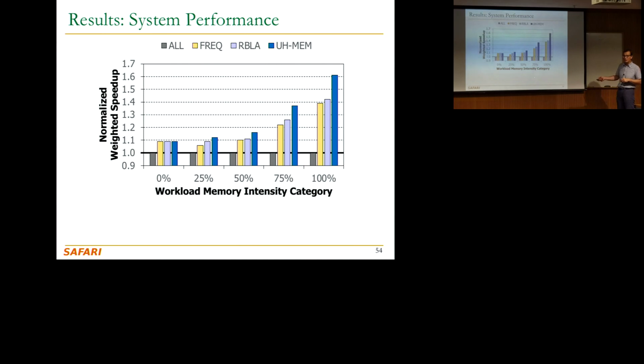And these are workload memory intensity, how intensive is your workload. And this is the row buffer locality aware mechanism that I just discussed. So that buys you a little bit more. And this is if you use utility. So the utility-based mechanism is slightly better. Of course, if the workload is very memory intensive, you become even better because you need to be more judicious in your decisions of migration. And that's the idea.